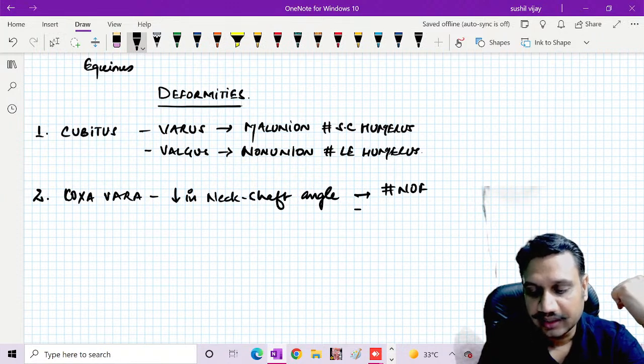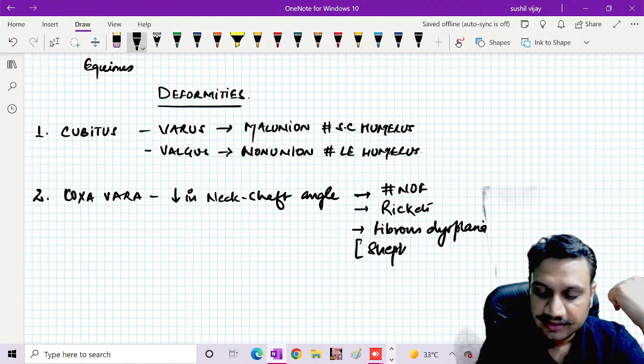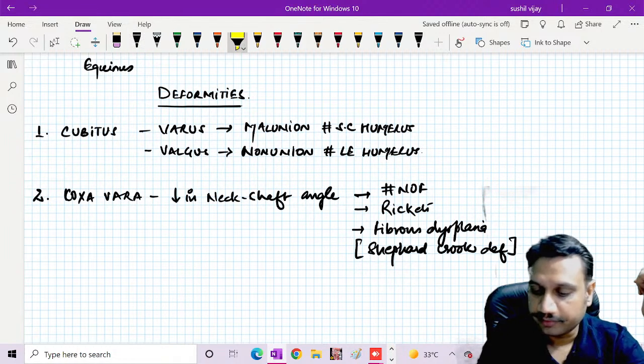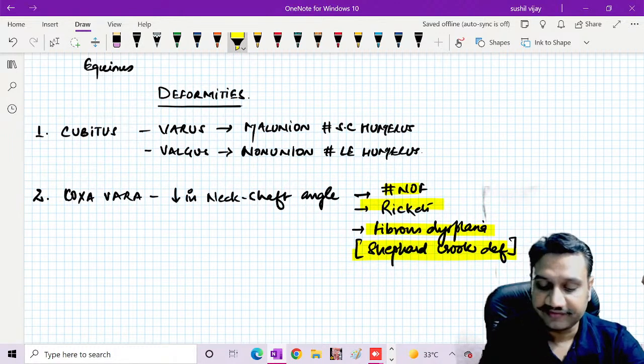That's a traumatic one, but without trauma it can be seen in rickets. Then it can be seen in a tumor called fibrous dysplasia, where it is known as the Shepherd's Crook deformity. So: fibrous dysplasia, rickets, non-ossifying fibroma.